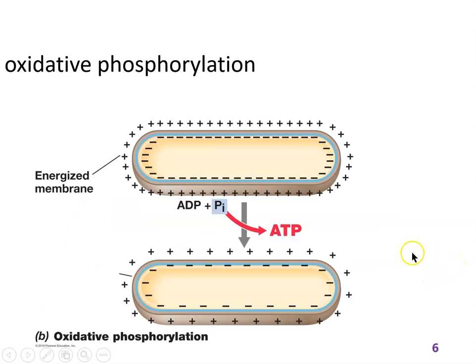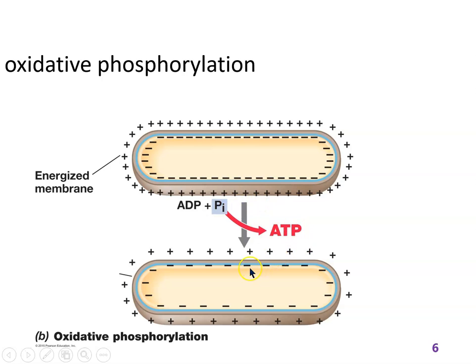And then oxidative phosphorylation, again, is energizing the membrane by pumping protons out. And what that does is that builds up positive charges on the outside. And so the protons kind of stick there, and they're trying very hard to get back in because they're attracted to the negative charges on the inside. And then we can use ATP synthase complexes in the membrane to make ATP.